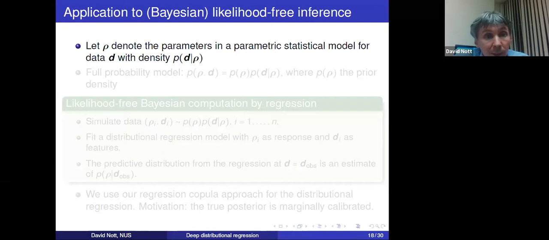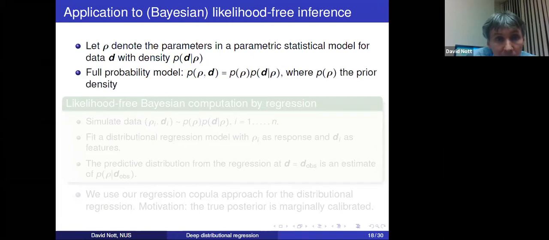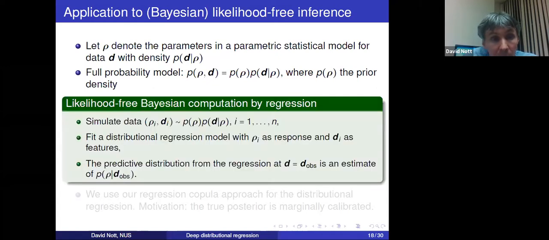Okay, so let me come back now to likelihood-free inference applications. I mentioned before that distributional regression methods are potentially useful in the context of likelihood-free inference. The idea is that if you have some joint Bayesian model specified through a prior on a parameter and a sampling density for data given the parameter, we can simulate parameter and data set pairs from the joint model and then use a regression to empirically estimate the distribution of the response given data or summaries of the data.